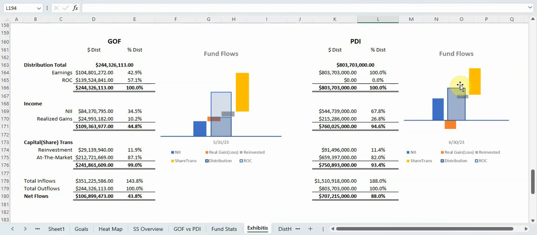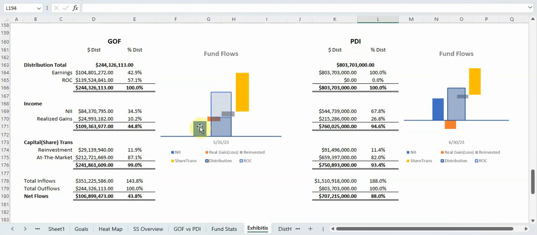The second thing to notice is that GOF's distribution consists of earnings and return of capital, while PDI's does not. In GOF's fund flows chart, you can see with this line right here, where the distribution from earnings ended here and the return of capital began here.